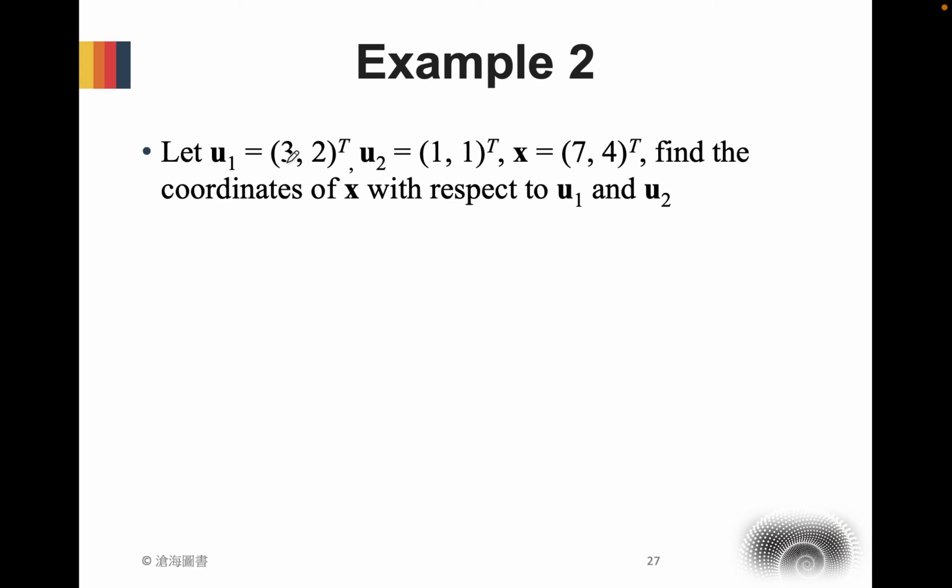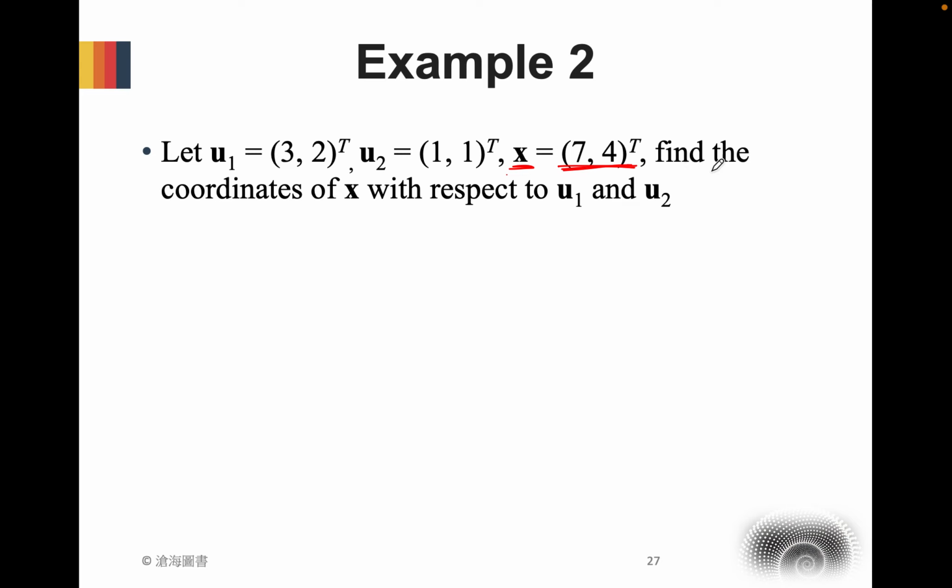Okay. So let's see an example. Assume U1 and U2 look like this, and x is (7, 4). Without special mention, if we just write down a vector x like this, we mean that (7, 4) is the coordinate vector with respect to the standard basis.